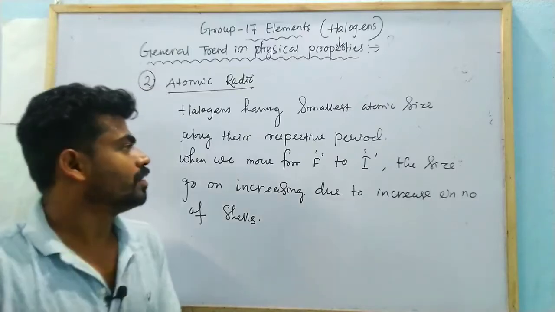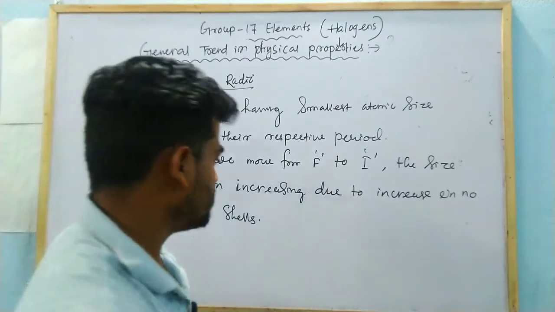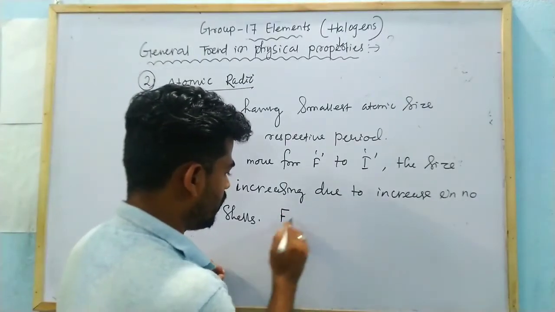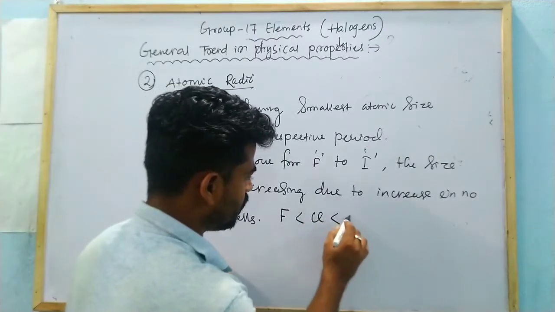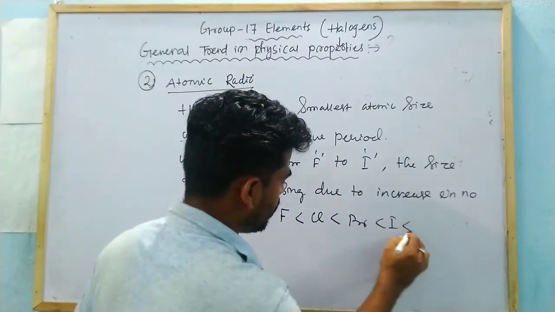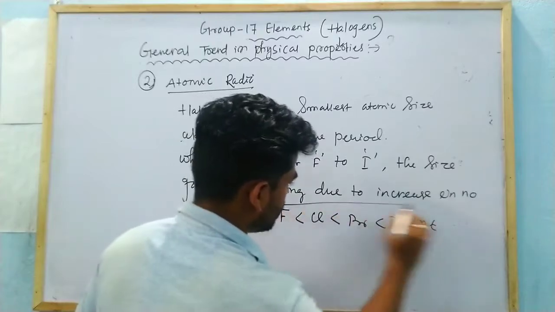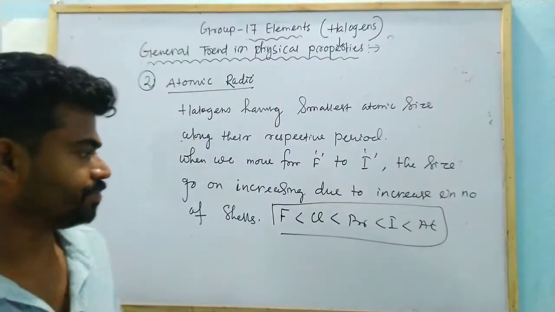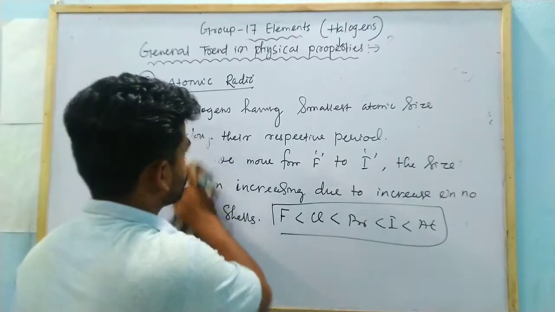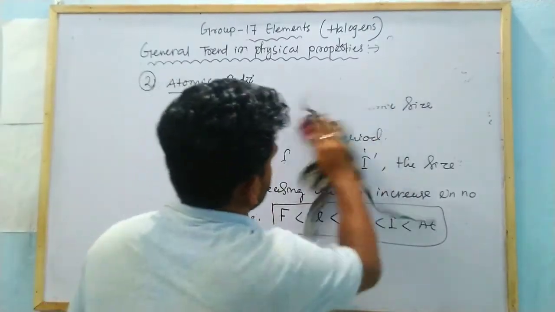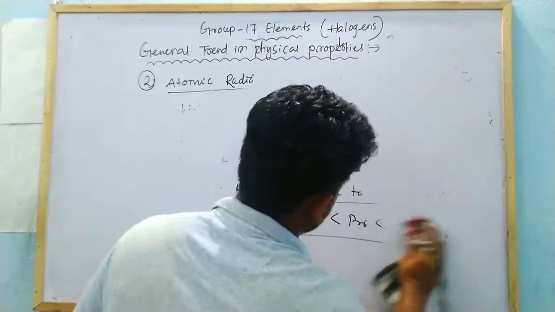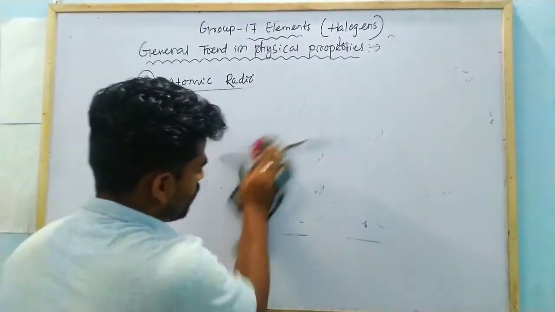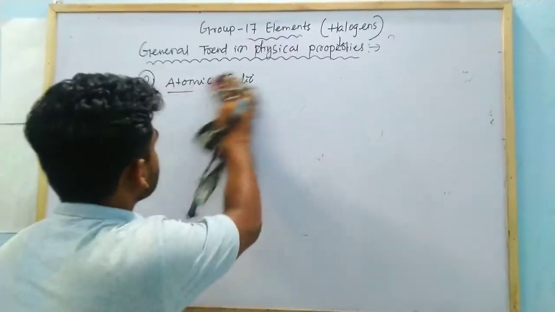So fluorine has a smaller size than chlorine, bromine, iodine and so on. So this is the trend in atomic size. Next is ionization energy.